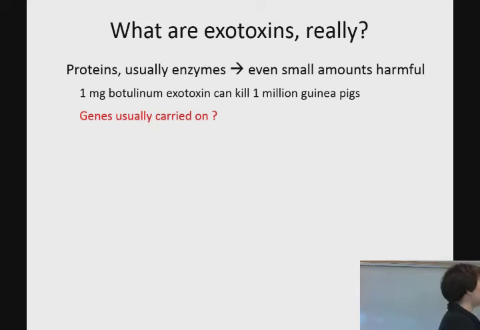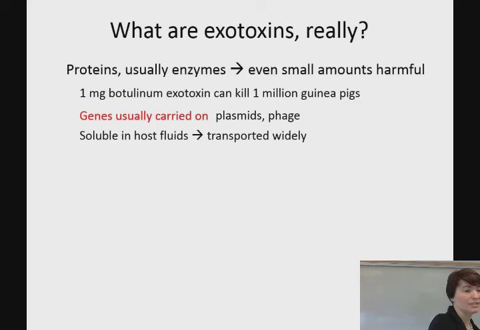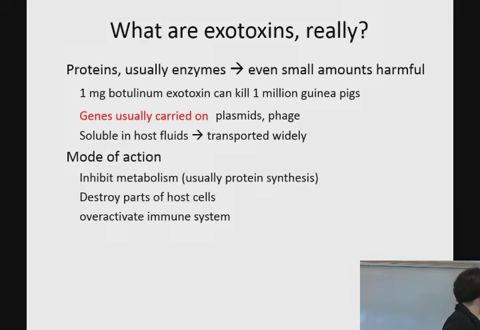Now, the gene for this exotoxin is usually found on a plasmid, or it's transmitted between bacteria via phage infection, right? That process of transduction that we've talked about. Once it's made by the bacteria, it's soluble in the lymph and the bloodstream, so it gets all over the organism.